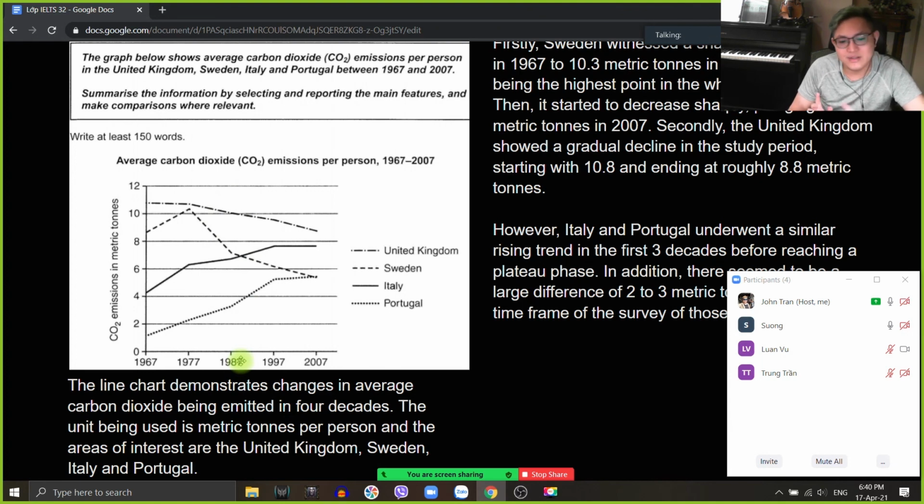But writing like that just falls into listing numbers, and it does not clearly show the upward and downward trend, and people reading it will get very tired. If you write like that, mentioning 1967, four countries and the numbers, then 1977, four countries and the numbers, and go on, the person who reads your essay is going to be very angry and tired because they have to look at numbers.